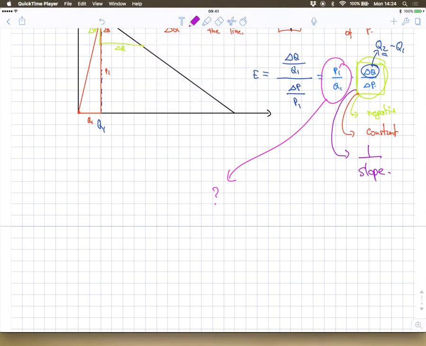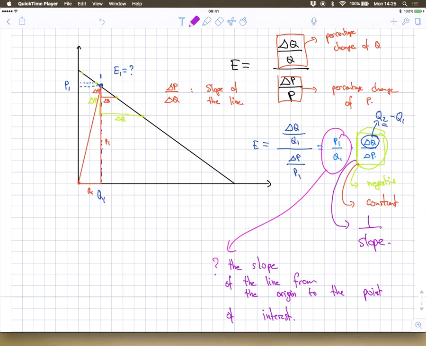This is the slope of the line from the origin to the point of interest. Agree? Okay.